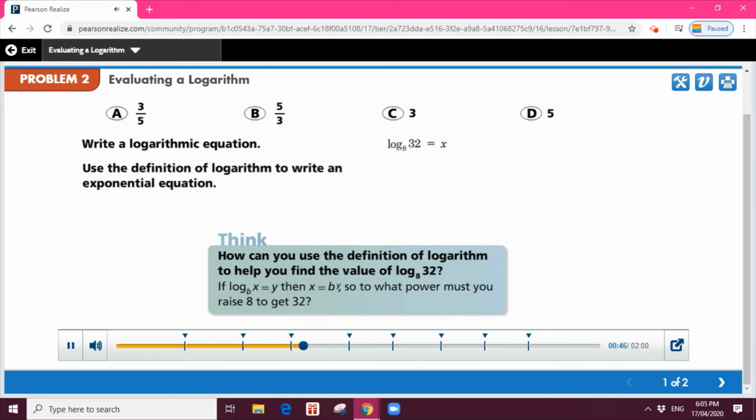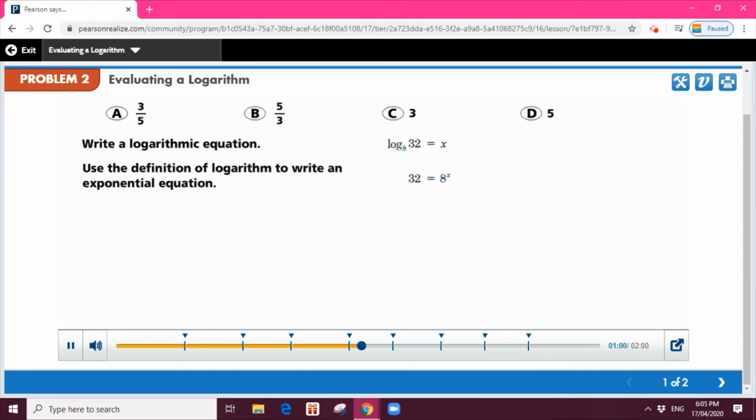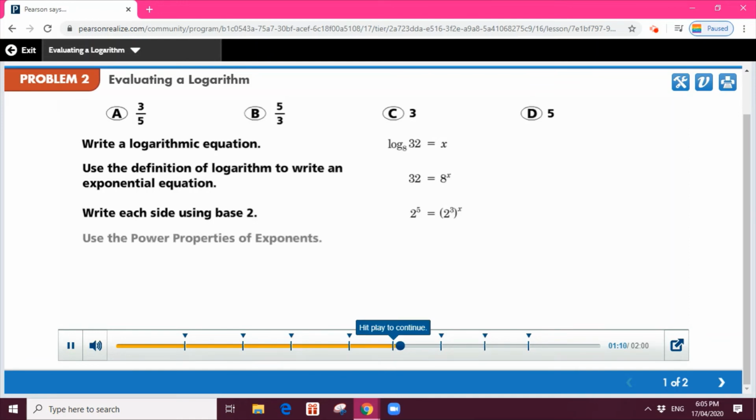Use the definition of logarithm to write an exponential equation. Write each side using base 2. Use the power properties of exponents to simplify the right side.